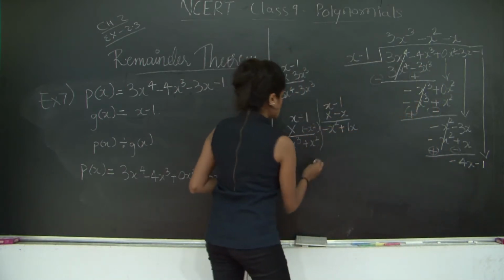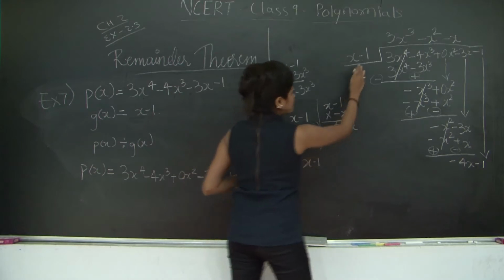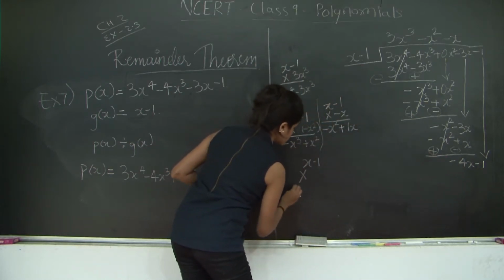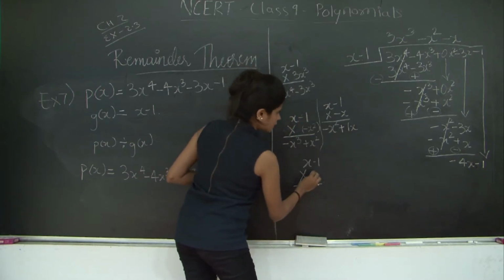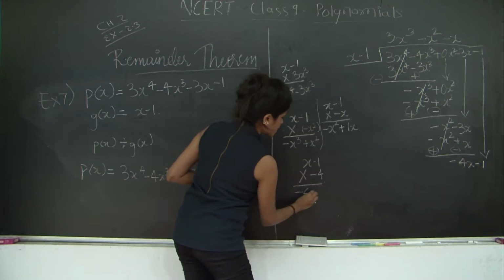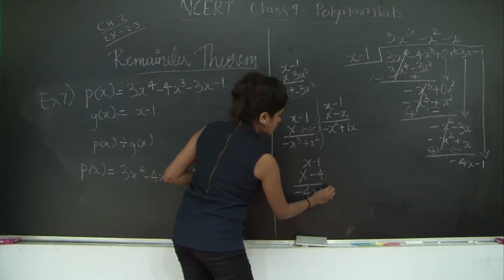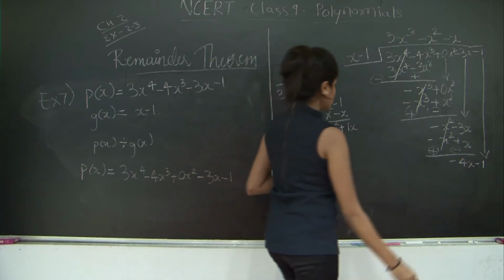So x minus 1 into what is going to give me minus 4x? Minus 4. Minus 4 into x gives me minus 4x. Minus 4 into minus 1 gives me plus 4, right?